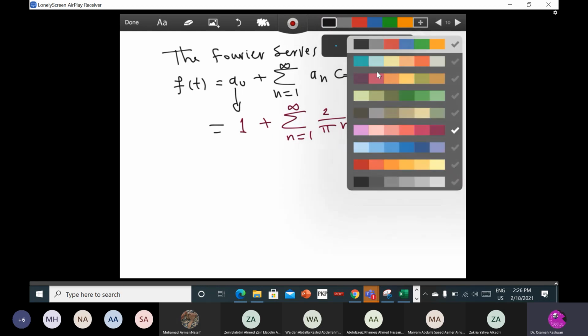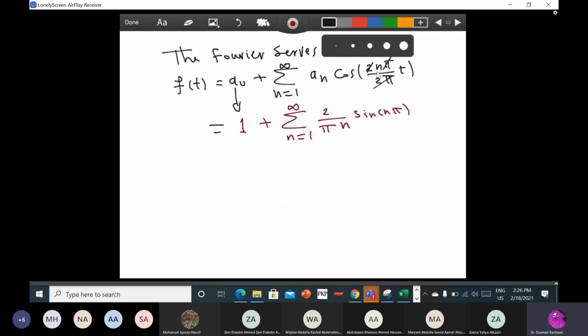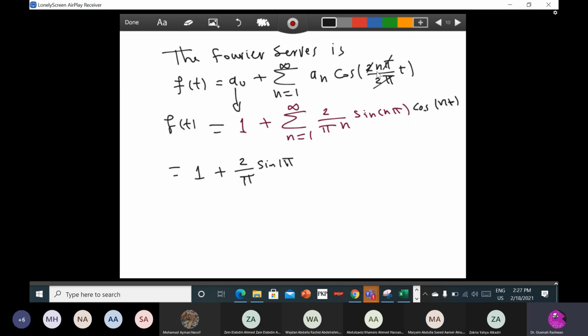And I have to write this one in the same color just to remember this is a coefficient and this is the main variable here, so it will be nt. Now, maybe you said this is a series, so you can write this as 1 plus, put n equal to 1. If you put n equal to 1, you have 2 over pi sine pi by 2 cosine t.